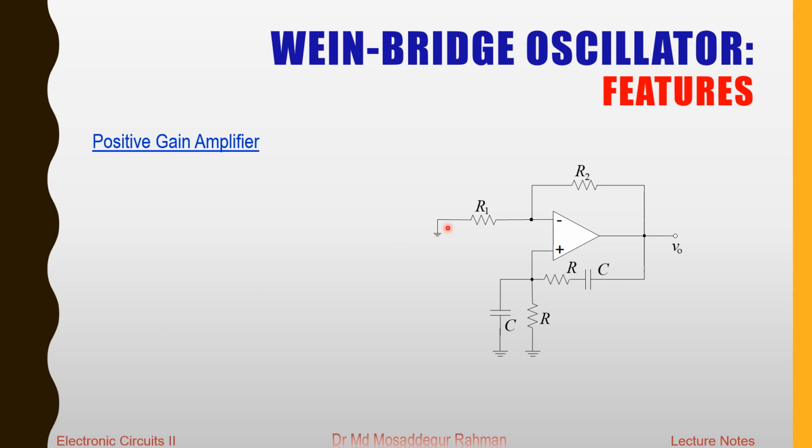As you can see, the op amp here is connected in non-inverting amplifier configuration with the resistors R1 and R2, R1 being grounded, and in the positive feedback path, we have this series RC and then RC in parallel connected. So this goes into the positive input terminal of the amplifier, so that makes it a positive feedback amplifier.